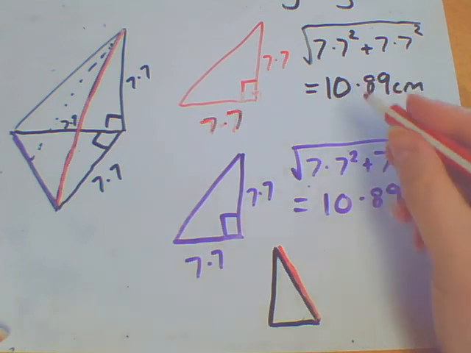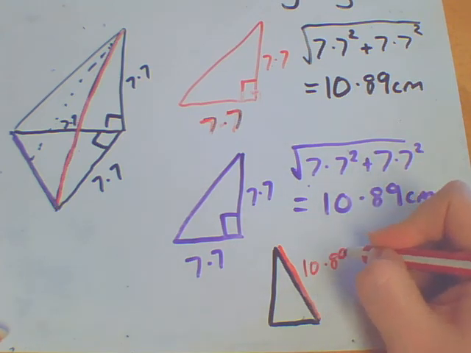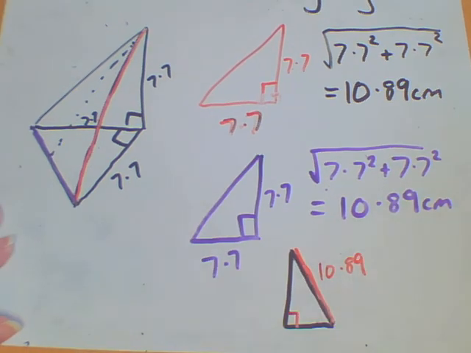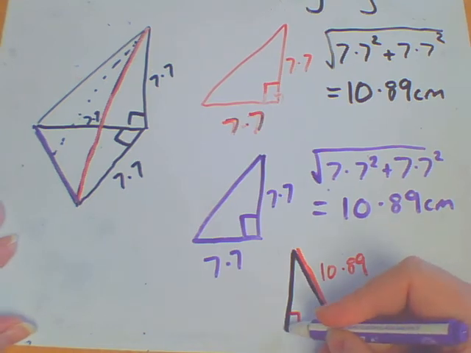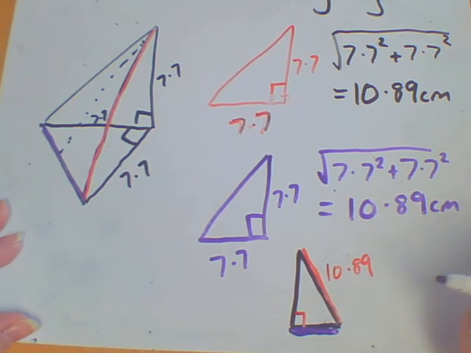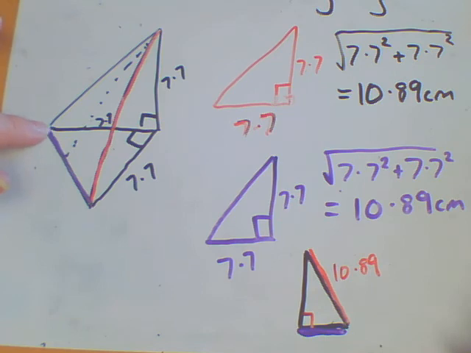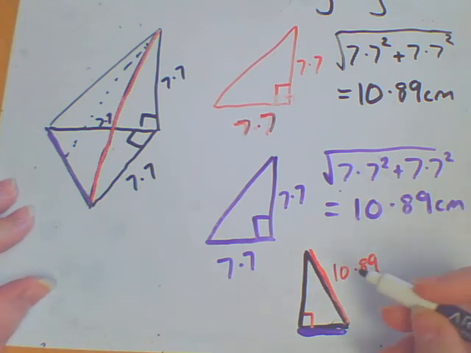And we've just worked that out to be 10.89. The baseline is the purple line, but it's only half of it. If you look at the diagram, that actually cuts the shape into 2 pieces. So you actually only want to have half the line just here. So I want 10.89 divided by 2. So that's going to give me 5.44.